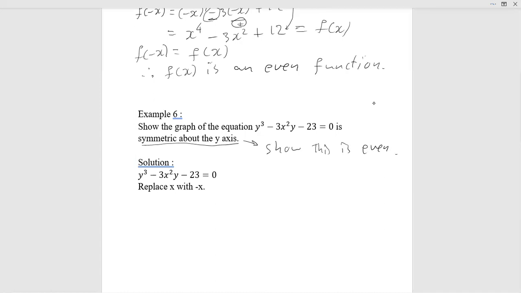That's it. How do we show it is even? Replace x with negative x. So this is the given equation. Here I'm going to replace x with negative x.